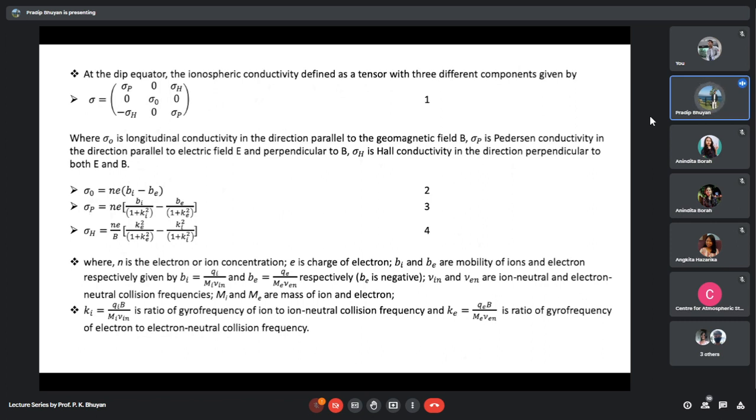So this is defined by Ne, which is common, similar to this: Bi by 1 plus Ki square minus Be by 1 plus Ke square. What is Ke and Ki?